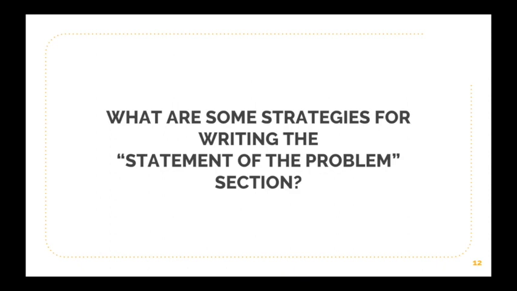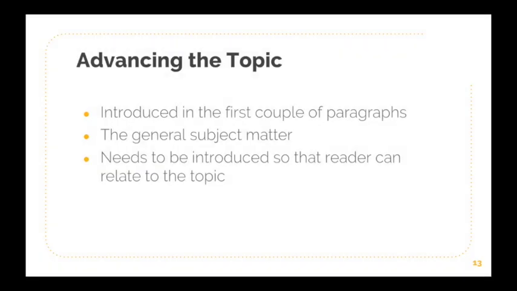Next, what are some strategies for writing the statement of the problem section? The first is introducing the topic. You can find the topic and introduce it in the first couple of paragraphs.